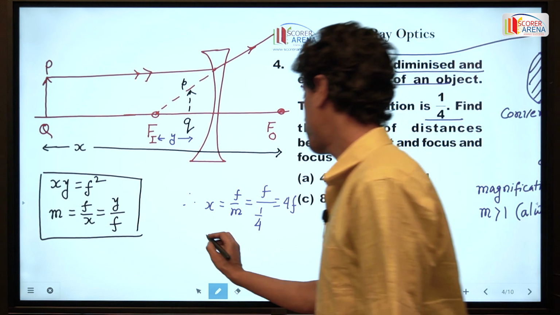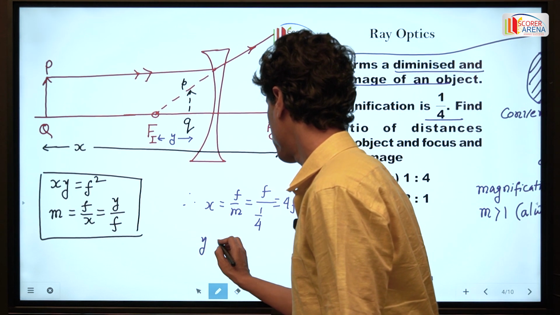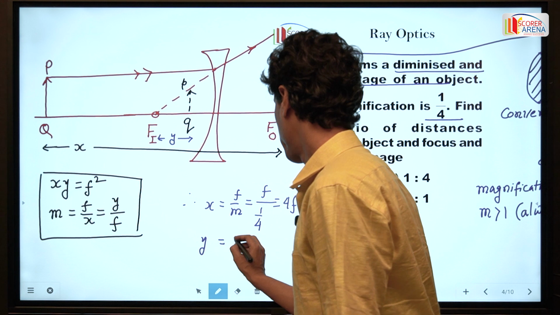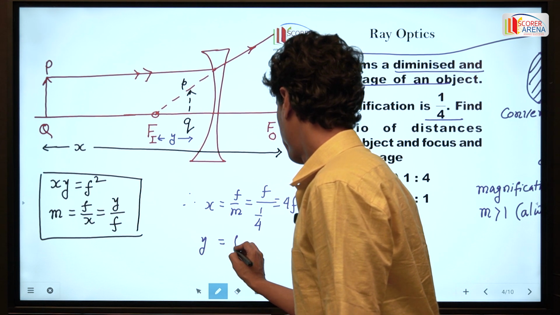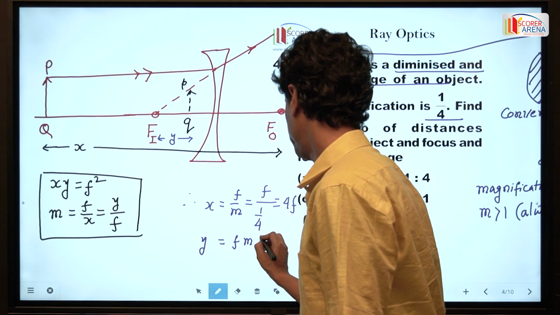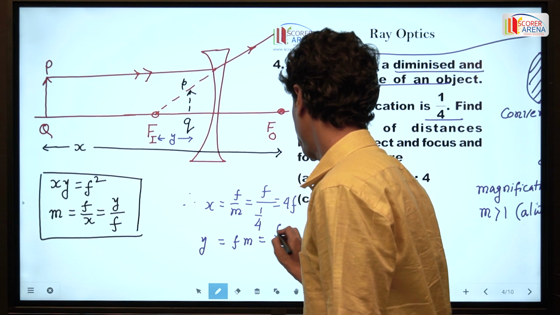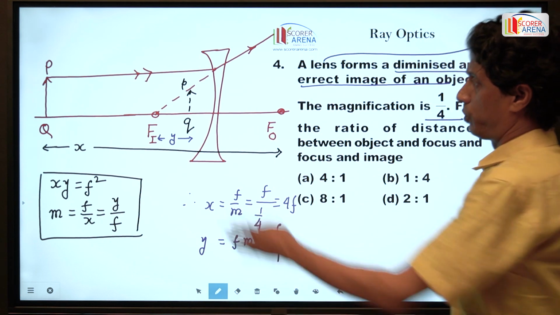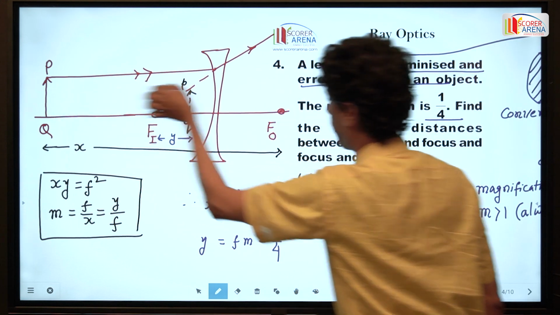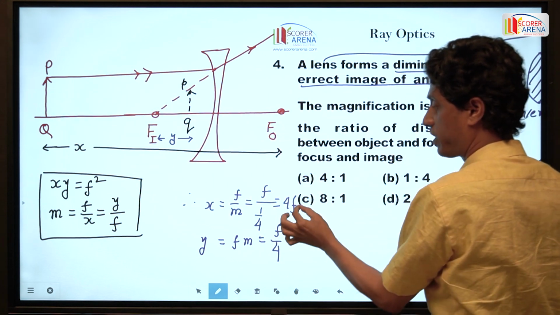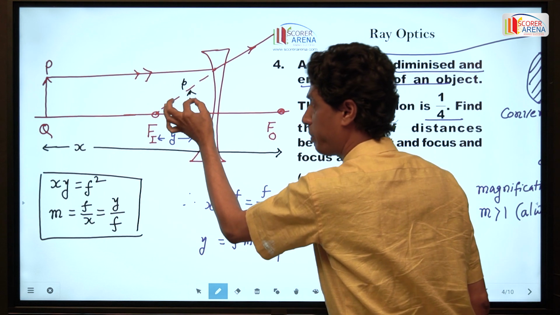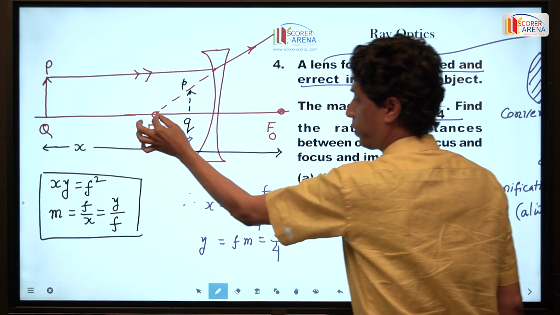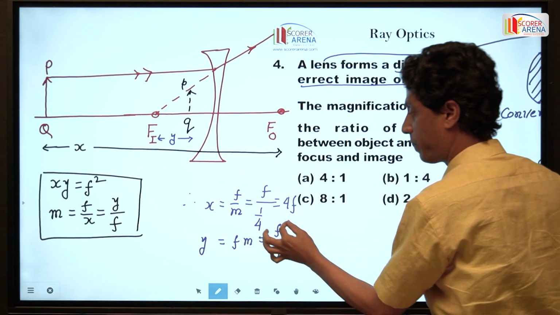Similarly, the image distance from the focus is f times m, which is f by 4. So the distance of the object from the focus f suffix O is 4f, and the distance of the image from the focus f suffix I is f by 4.